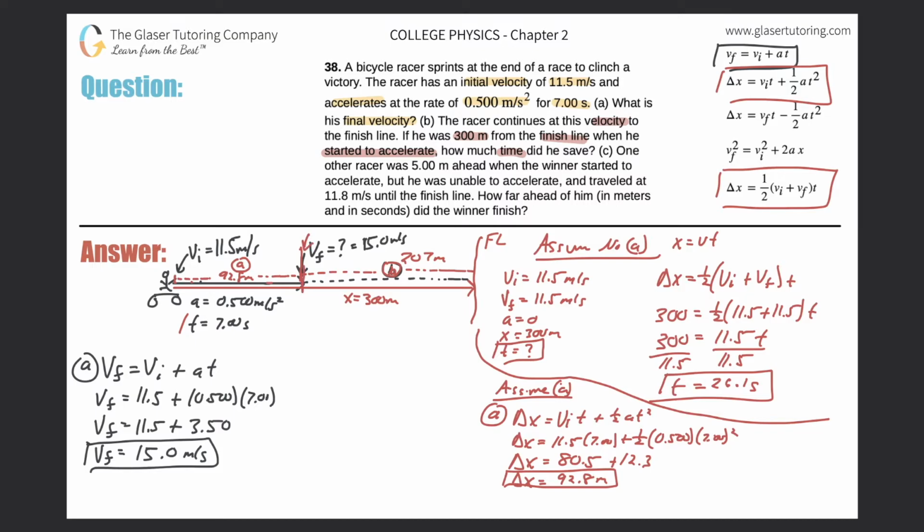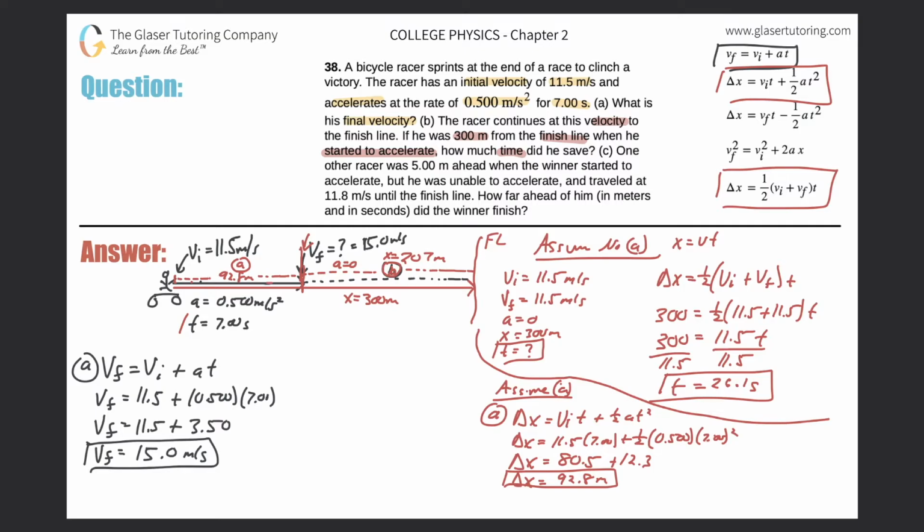Well, the velocity here was the final velocity of the first part, so that's just 15. This is now my displacement that I just found. And remember the acceleration over this time frame. Let me just get rid of some of these circles here. This is just x. And remember the acceleration now in this part is 0. Why? Because, where does it say? He accelerates at a rate of that only for 7 seconds.